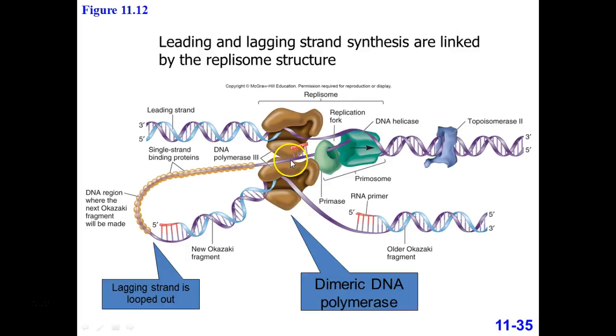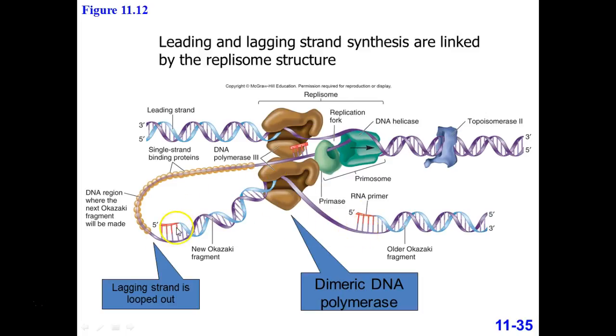So for that lagging strand, it loops around. It starts at each one of the primers, and then it goes to the next primer.